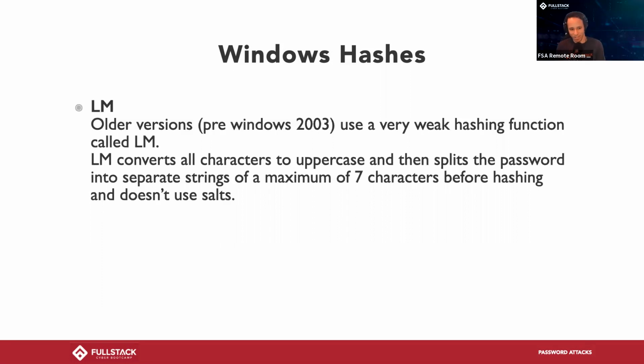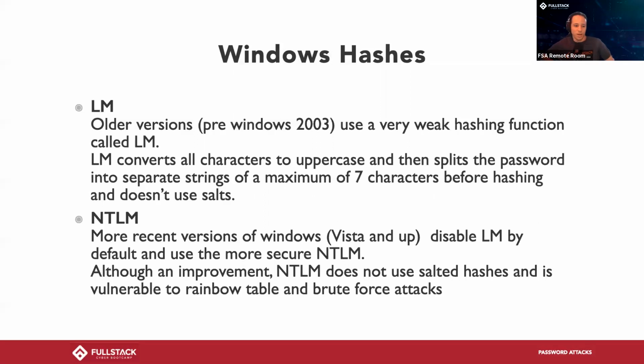And it doesn't have a salt. So as you can imagine, this is not a secure way of storing passwords. So a while back, in the Vista times, they came up with NTLM. I forget what it stands for, NT LAN Manager. But that's the improvement. It's a bit better.